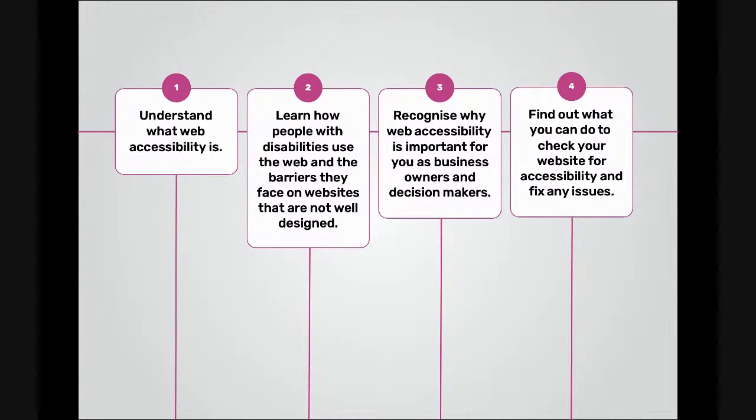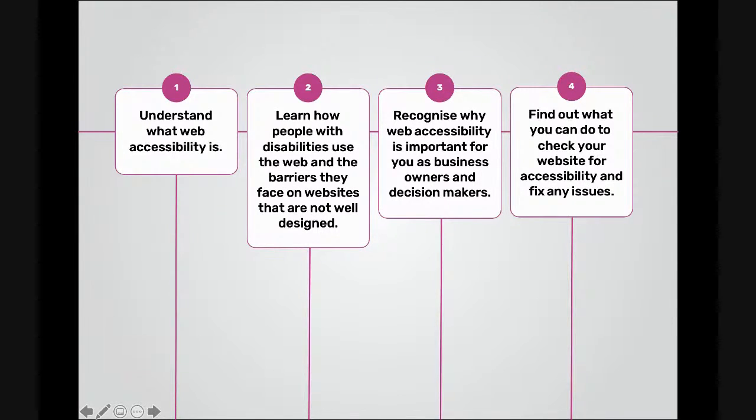More specifically, people can perceive, understand, navigate, and interact with the web. So that is the formal definition, and I will make it a little bit more informal and more personal, so that you can understand everything that is involved in web accessibility.